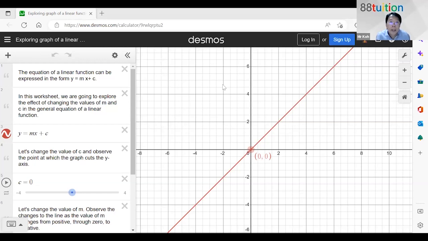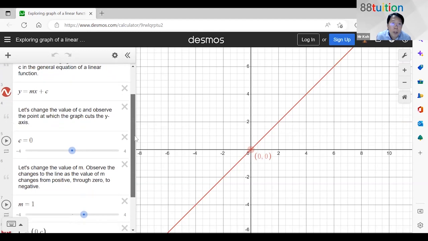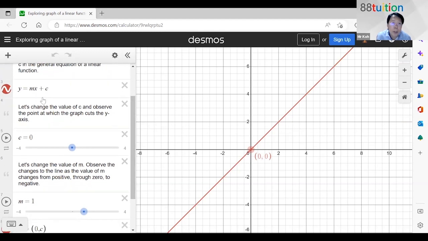If you look at this, I'm sure you can see this graph, right? This is a website about graphs. So what I'm going to show you is, looking at the formula or equation y equals mx plus c, what exactly is m and what exactly is c? Now, in this case, we make sure that this is y equals mx and then c is 0. That's why it starts from the origin 0, 0.